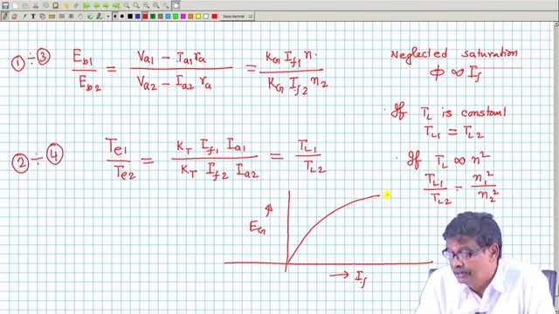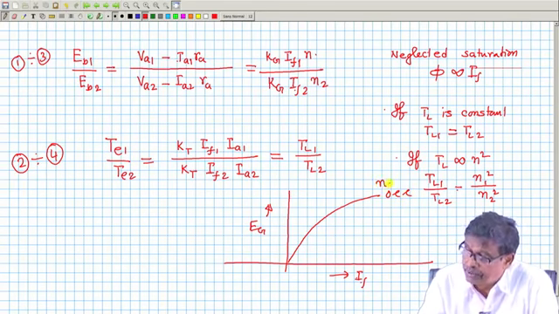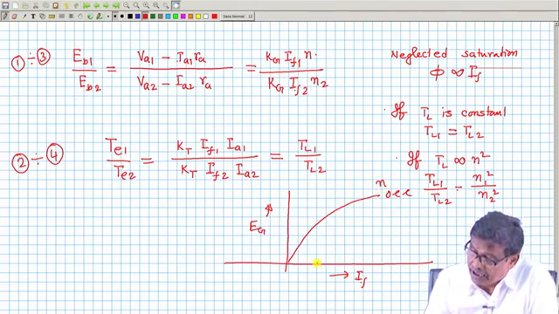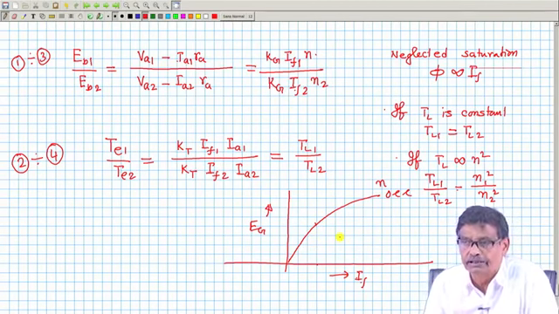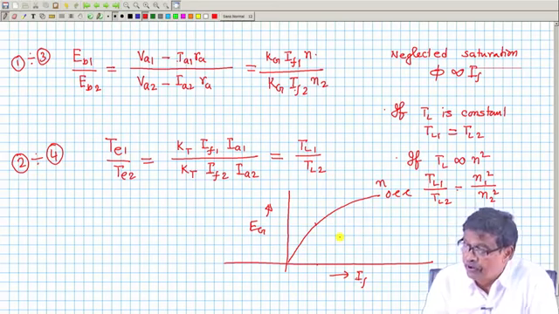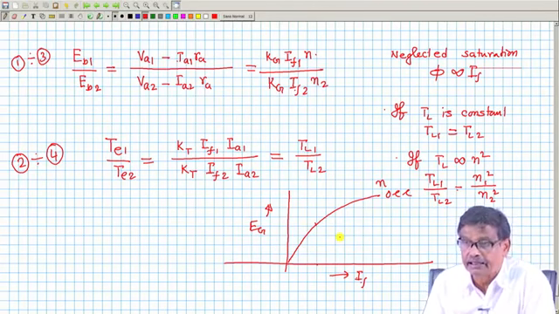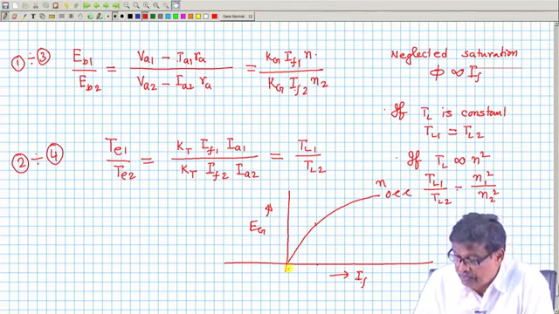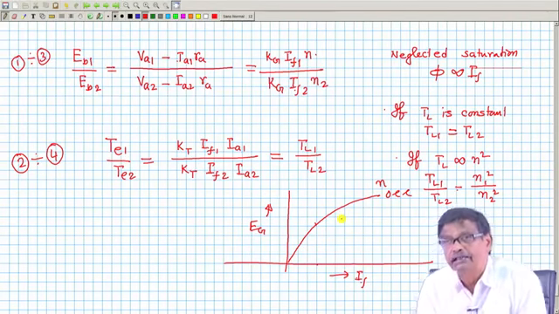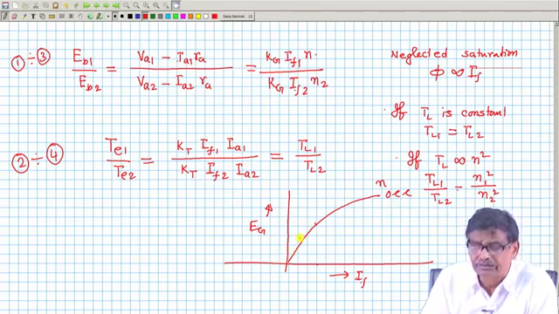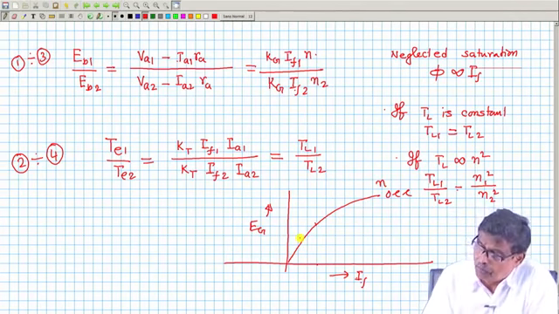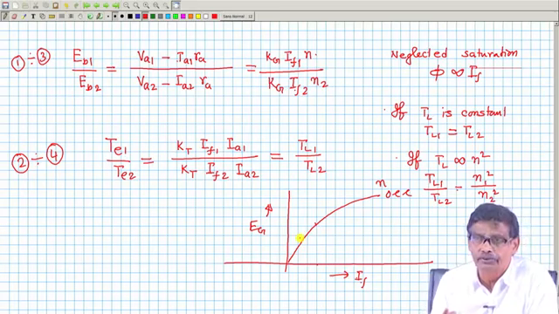Suppose this OCC I will refer to, it is at a given RPM n. Then for any value of field current, I will be able to tell what is the induced voltage. If it is IF1 and it is running at N1 RPM, from this OCC only I will be able to tell that. We discussed this earlier. Therefore, in that case, this open circuit characteristic is to be used to correctly predict this one.